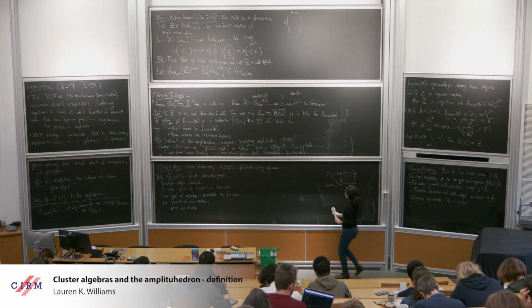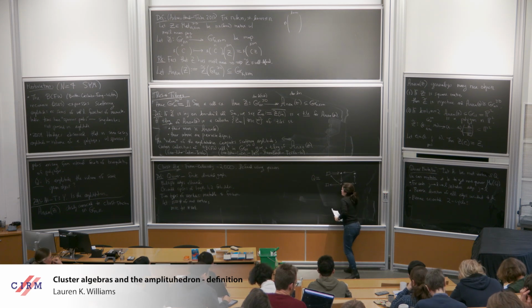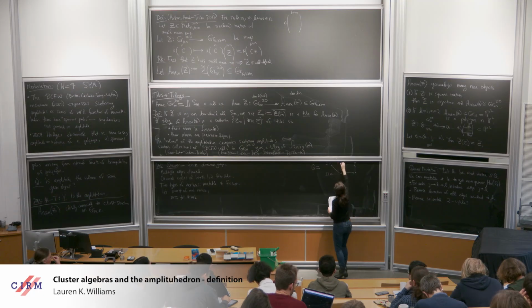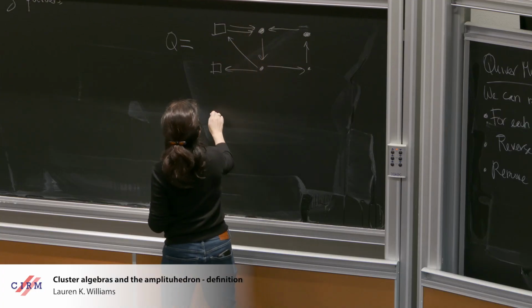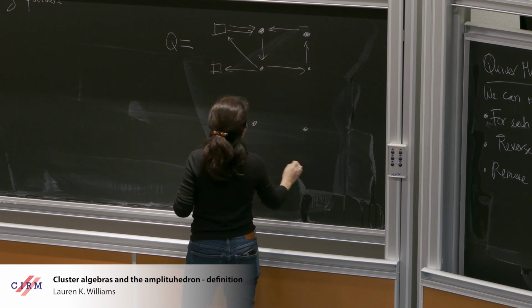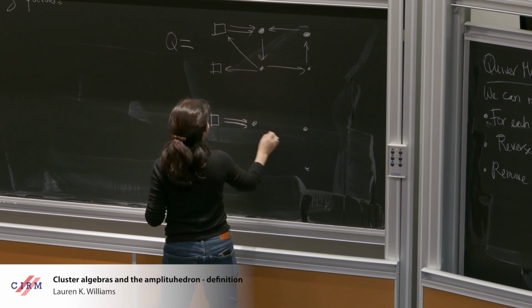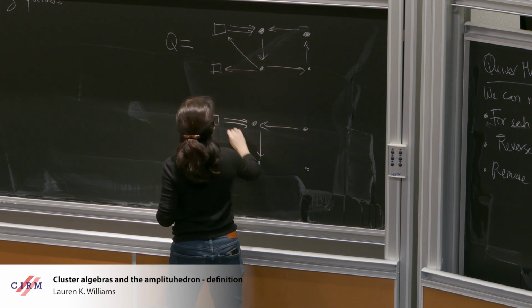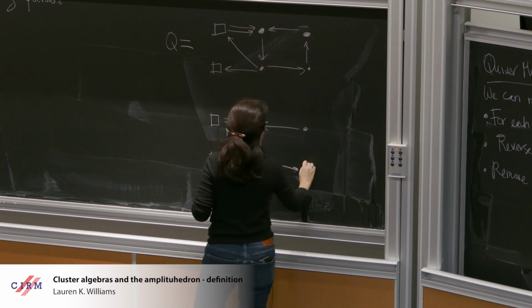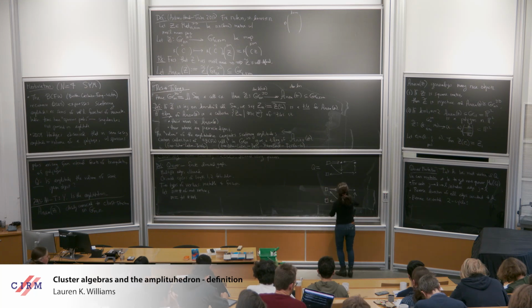Okay, so let's take Q to be this quiver, and let me draw another copy of it down below, and then we'll start mutating at it. So let's say that this is my vertex k.